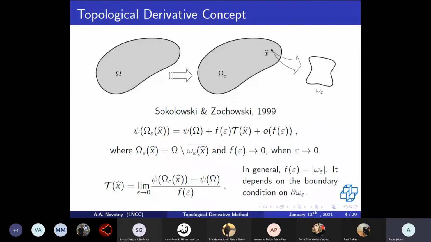Okay, it's like any derivative. However, the difficulty here is that omega epsilon and omega have not the same topology. So in order to compute this limit, or in order to evaluate this limit, we need some tools from asymptotic analysis. Okay, this is the main idea.